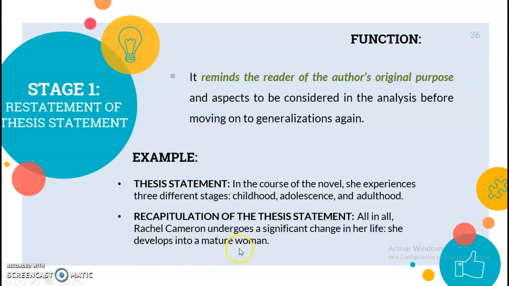She develops into a mature woman. So as you can see, you are saying exactly the same as in the thesis statement, but you are using different words. So this is what you have to do in the recapitulation of the thesis statement. Recapitulate the thesis by using different words. And it's only one sentence.